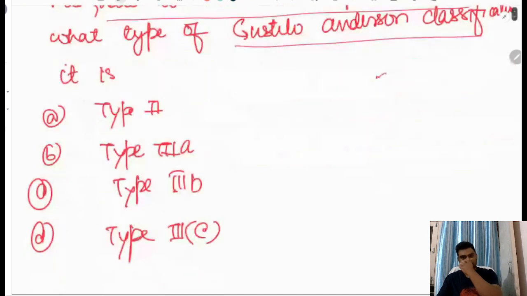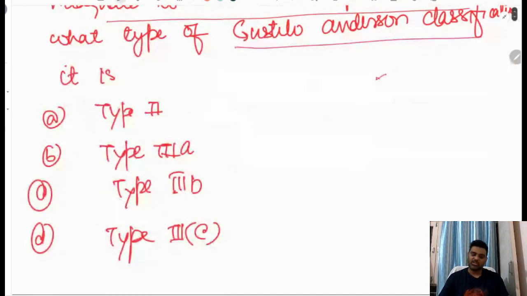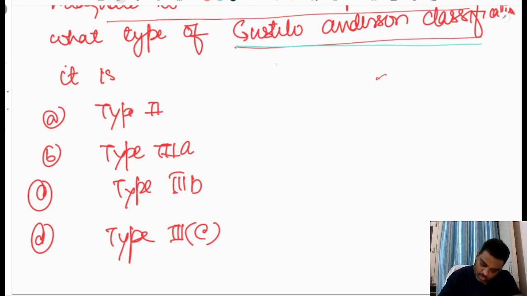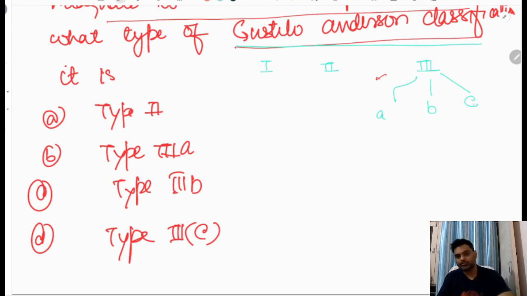So first we have to understand that the Gustilo-Anderson classification is basically for open fractures. It is divided into three types: first, second, and third. And the third type is divided again into three types: A, B, and C. If the length of the wound on the skin is less than 1 centimeter in an open fracture, it is Gustilo-Anderson type 1.